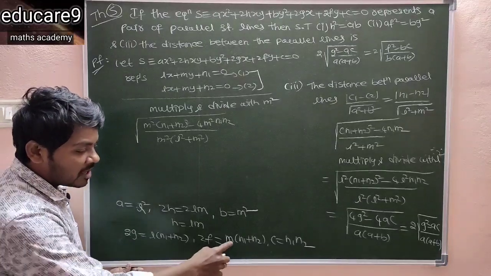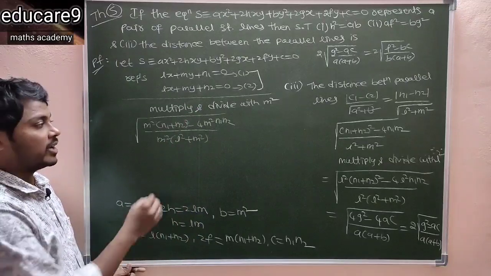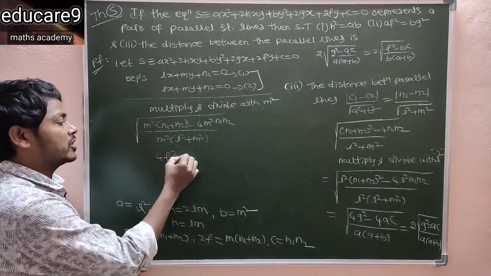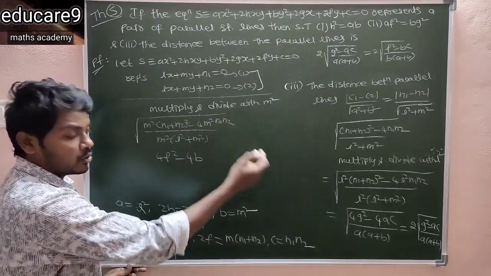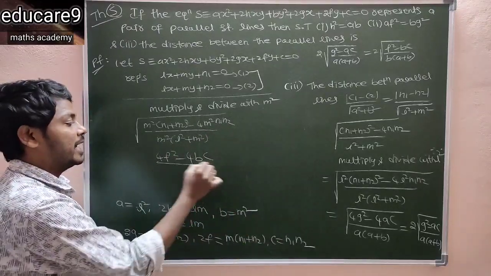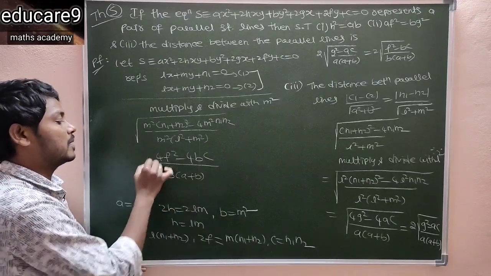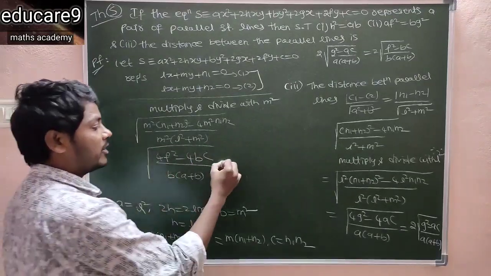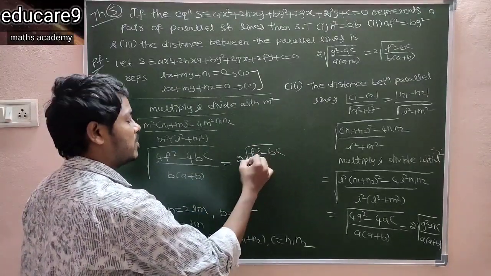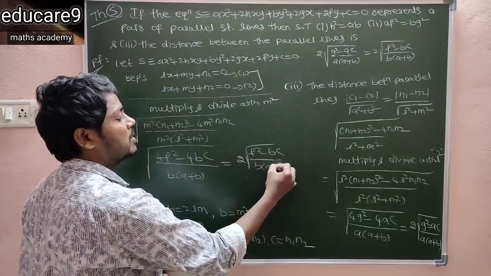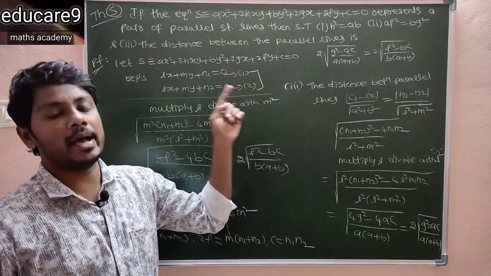Now the 2f value is m of n1 plus n2, but here the square is there, 2f whole square, so you will get 4f square. So 4f square minus 4 m square value b, n1 n2 value c, divided by m square value b of a plus b, and writing the root outside you will get 2 root f square minus bc by b of a plus b. So this is the distance between these two parallel lines.